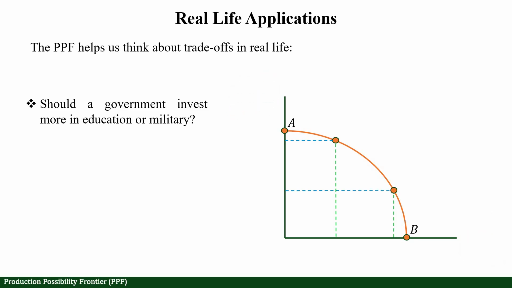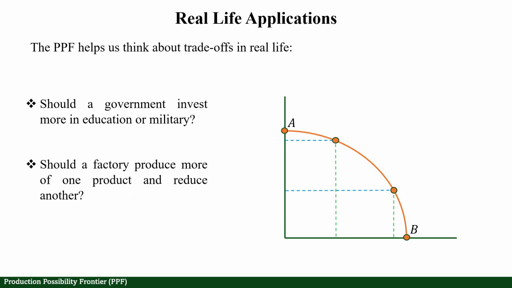We can also face questions like, should a factory produce more of one product and reduce another? So in terms of different goods and services, the PPF can help economists, policymakers, and producers visualize the limit of production and the cost of the choices.